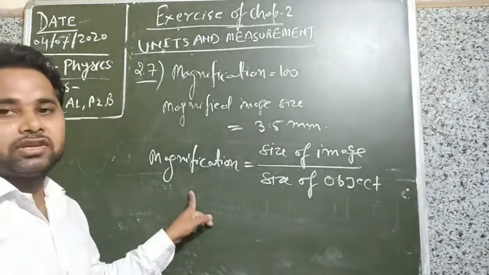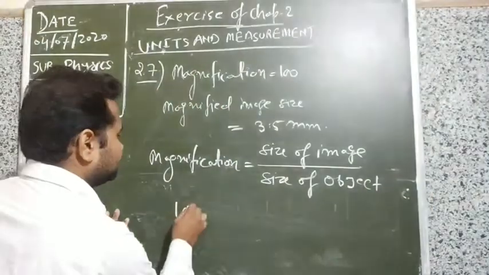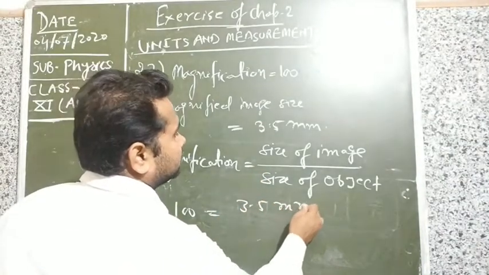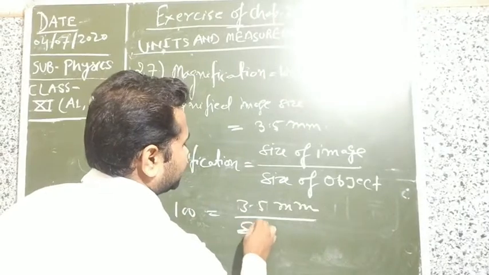So here, given magnification equals 100 and size of image is 3.5 mm, divided by size of object.